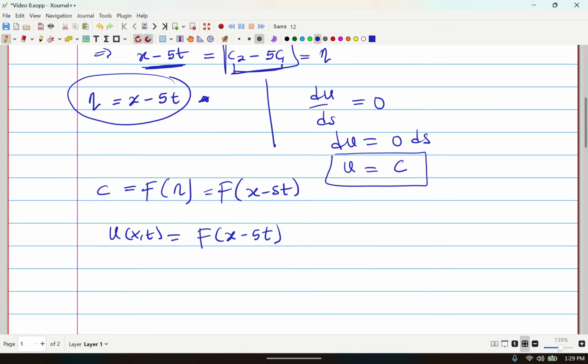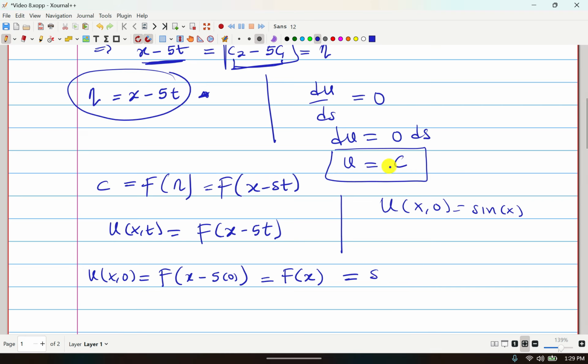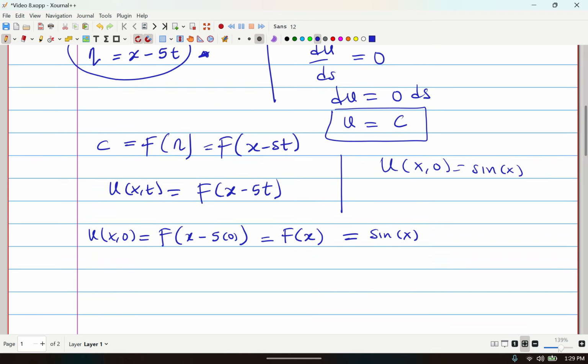Now we have our initial condition, u of x, 0 equals sine of x. We apply that initial condition on the general solution. That means u of x, 0 is equal to f of x minus 5 times 0, which is f of x, and this should give us sine of x. So what does this say? It means f of every x should be equal to sine of every x.